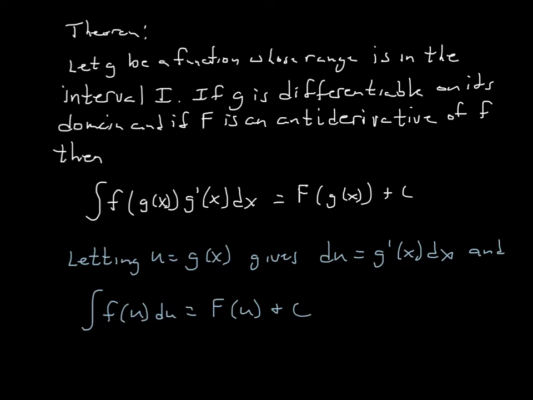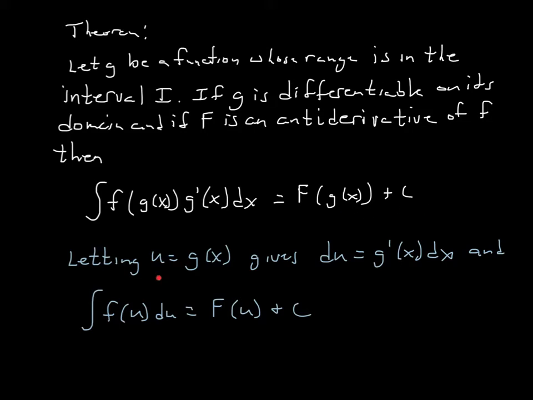So what we have is a theorem here. It says let g of x be a function whose range is in the interval I. If g is differentiable on its domain, and if capital F is an antiderivative of little f, then the integral of little f of g of x times g prime of x dx is going to be equal to capital F of g of x plus c.